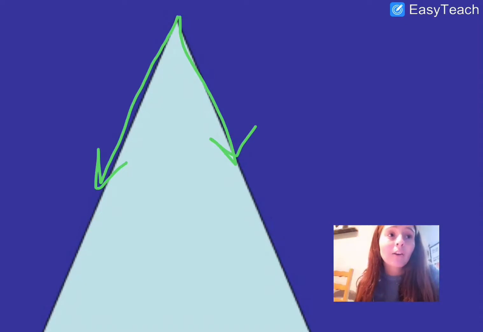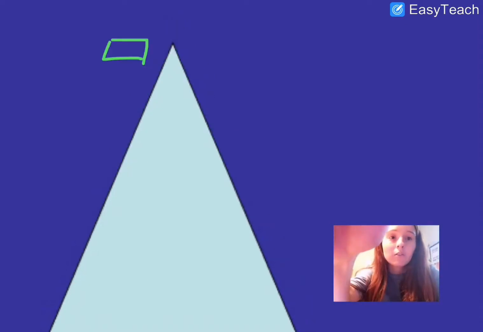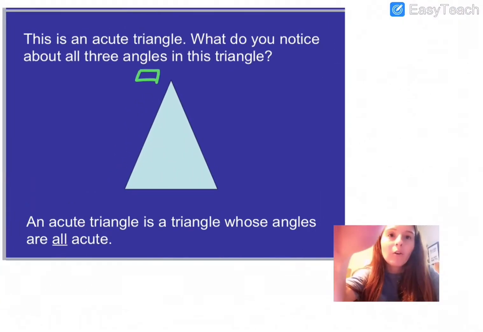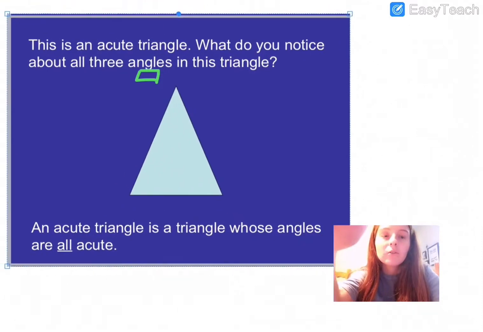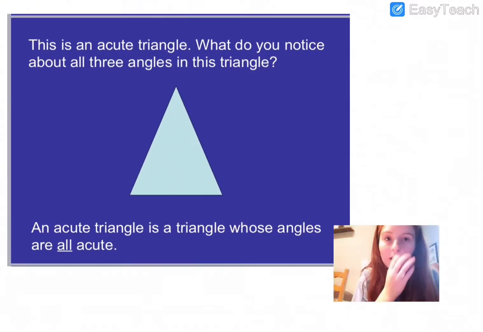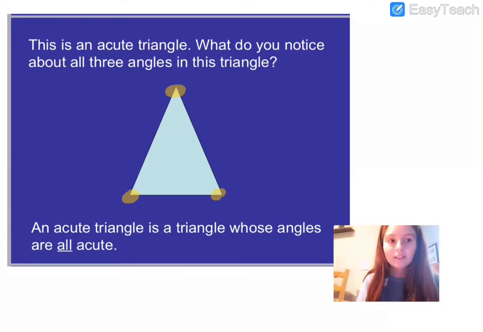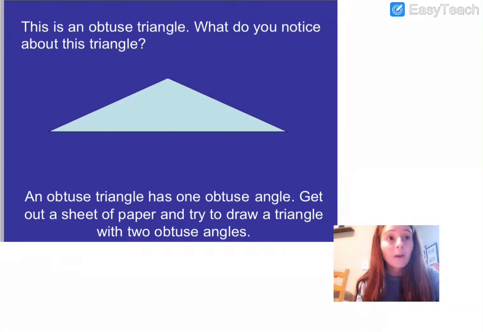And so, therefore, this triangle, let me zoom back out, this triangle is an acute triangle because it has acute angles. It has an acute angle right here, and right here. They are all less than 90 degrees. And with an acute triangle, its angles are all going to be acute. Tiny little angles.